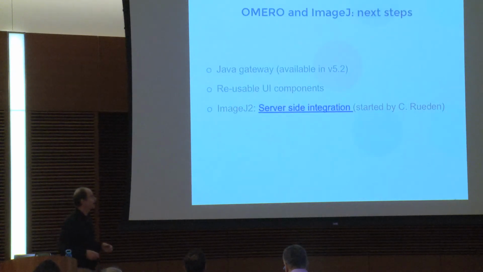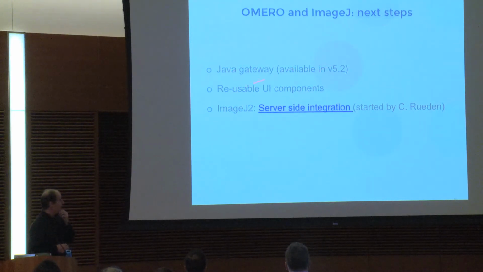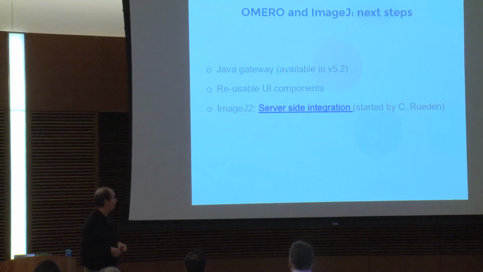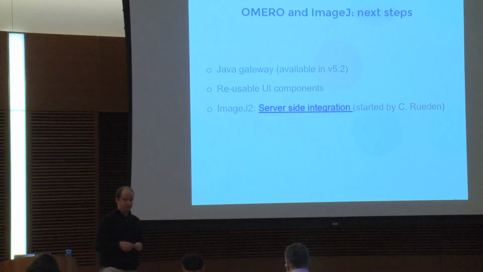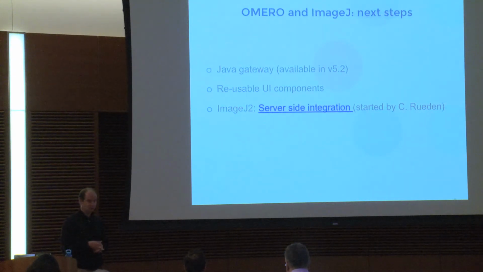What is the future of the OMERO and ImageJ integration? We don't want to stop there. So first of all, this comes back again to the extensibility I was mentioning before. We are working on a utility package which we call Java Gateway, which basically enables developers to interact more easily with our Java API.